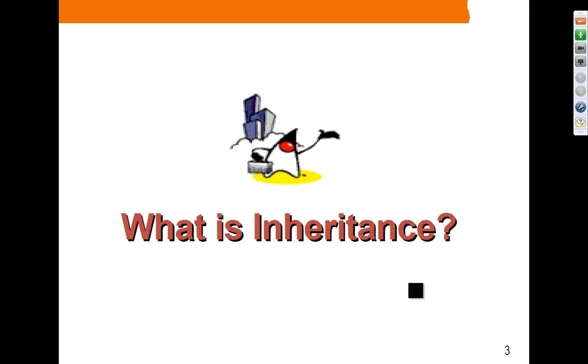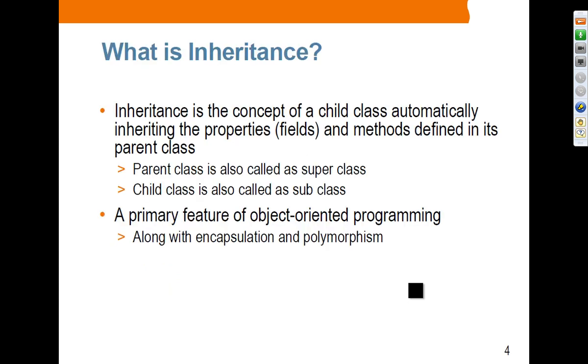So what is inheritance? Inheritance is a concept in which a child class automatically inherits the properties and methods defined in a parent class. A parent class is sometimes called a superclass, and a child class is sometimes called a subclass. I'm going to use these terms interchangeably.